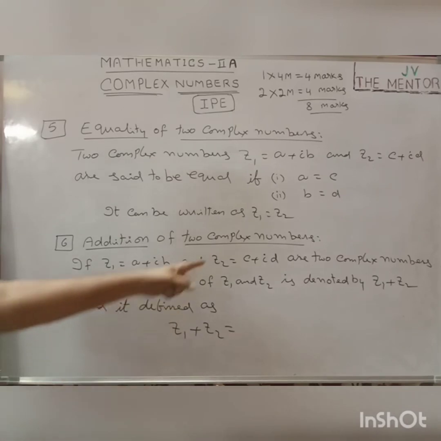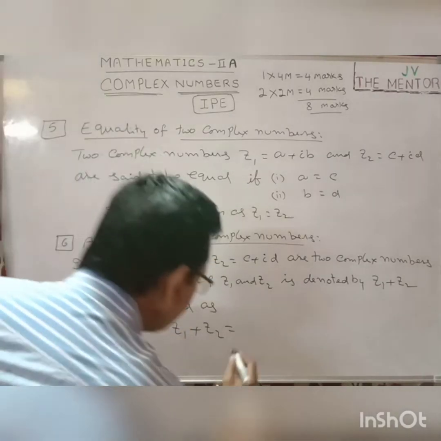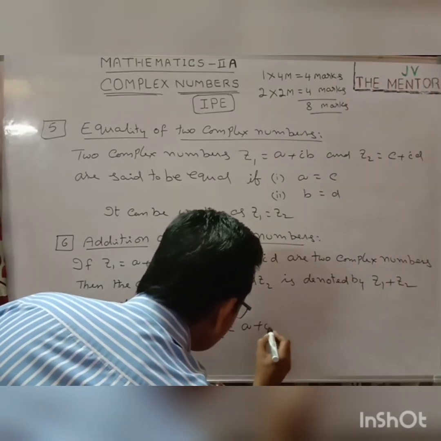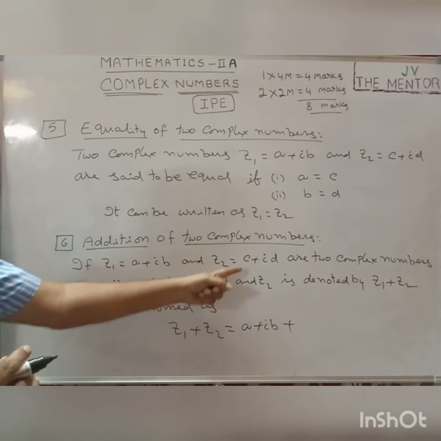Z1, what is the first complex number? Z1, A plus IB, plus what is the second complex number? Z2, C plus ID.